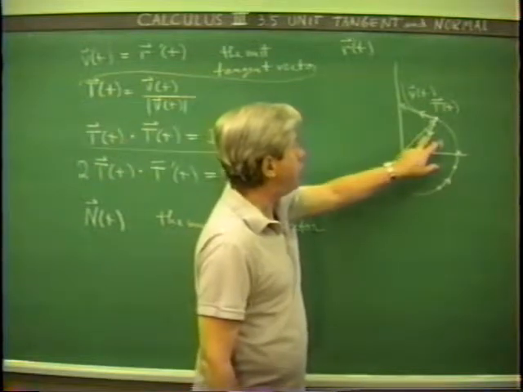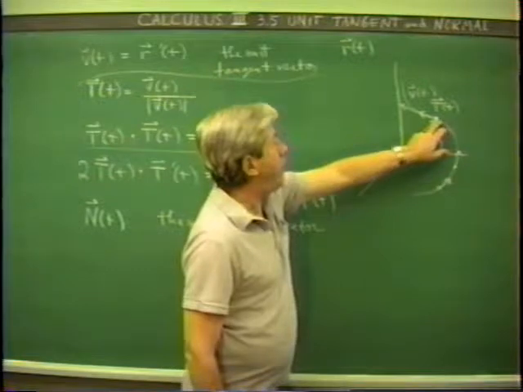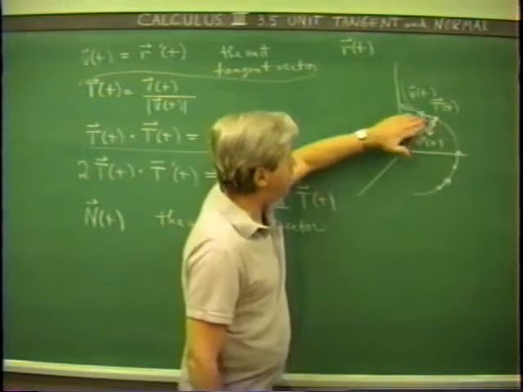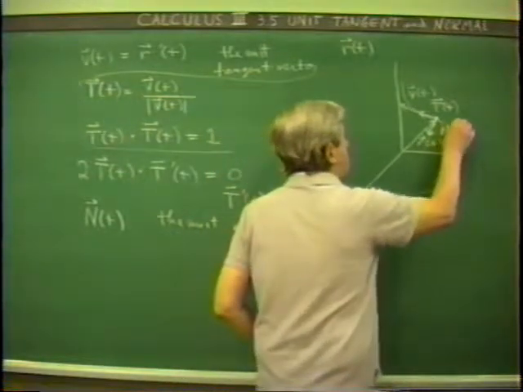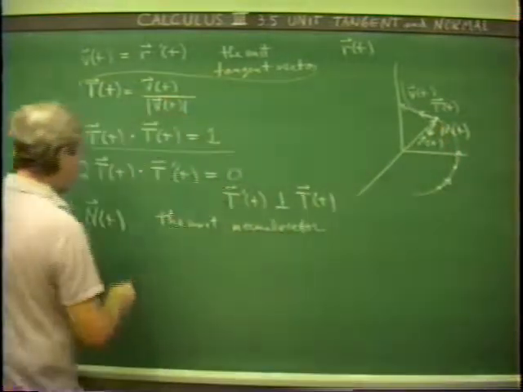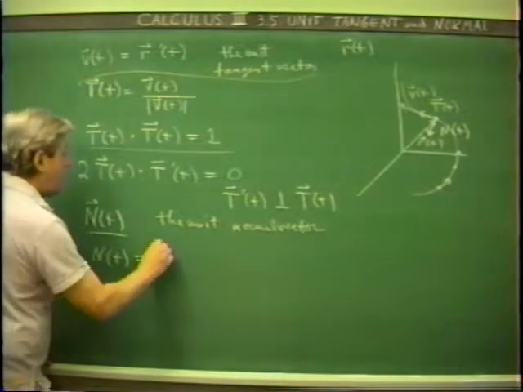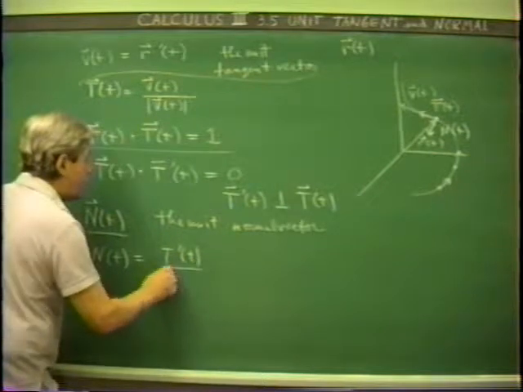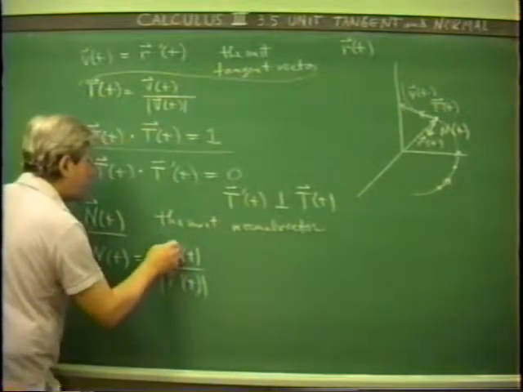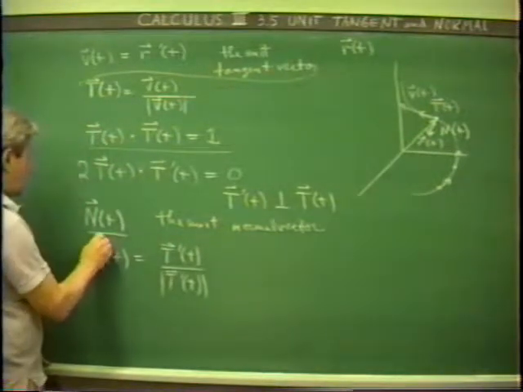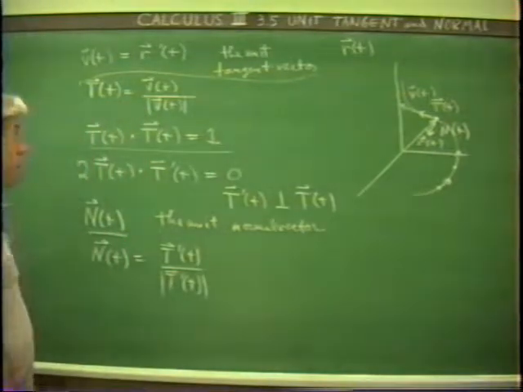We'll see that N(t) points in the direction in which this curve curves, and for that matter, that the acceleration of r(t) takes place completely in the plane determined by T(t) and N(t). N(t) is going to be gotten by taking the derivative of T(t) and dividing by its magnitude. This will give us a unit vector perpendicular to T(t).